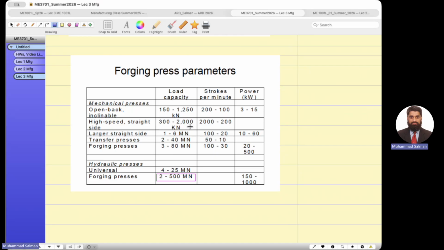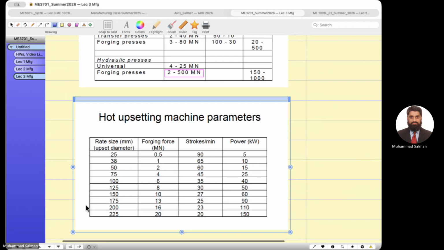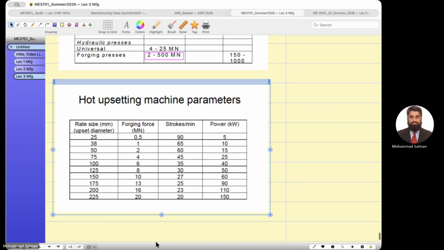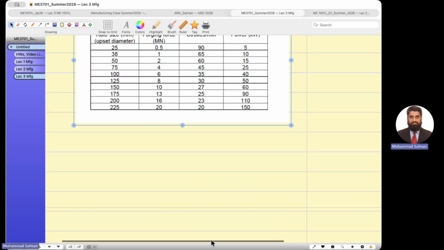High speed straight side, 2000 kilonewtons. The large force comes from hydraulic presses. Hot upsetting machine parameters: strokes per minute, power requirement.